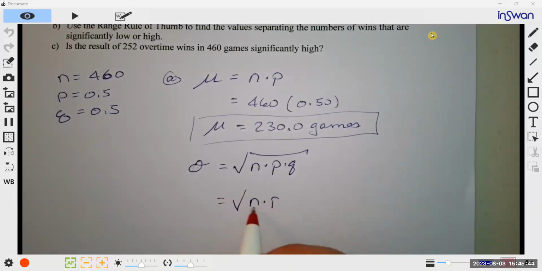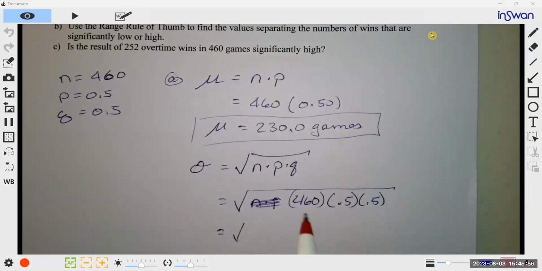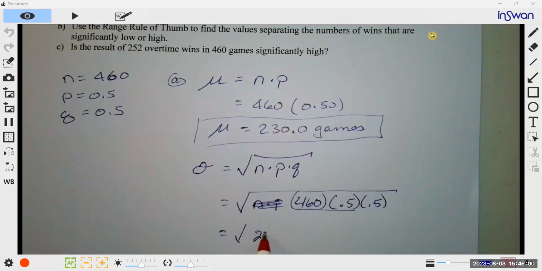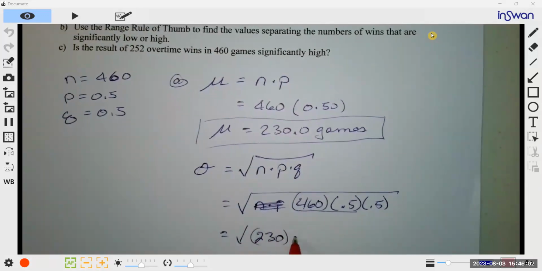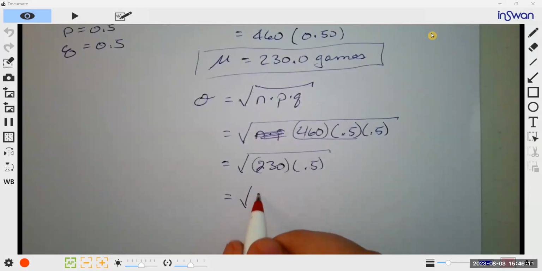So 460 times 0.5 times 0.5. 460 times 0.5 is 230, and 230 times 0.5 is 115.